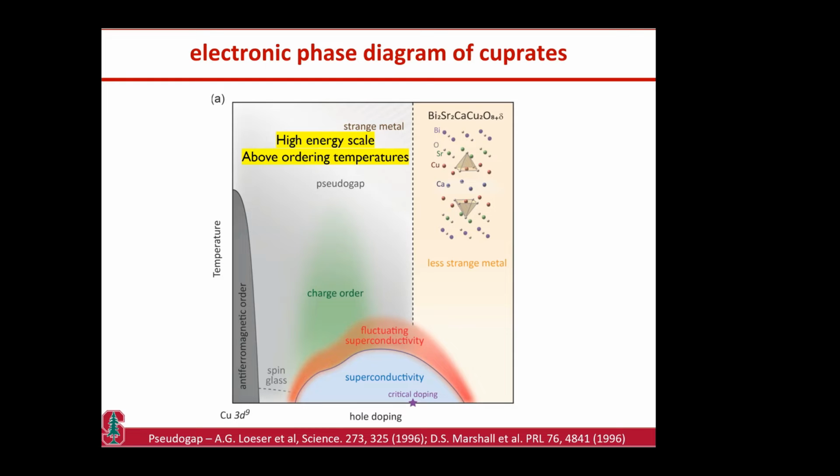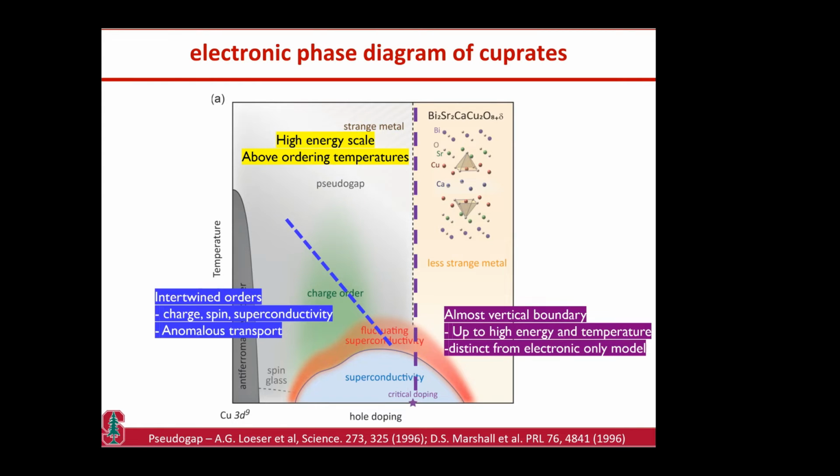There are phenomena that happen at a very high energy, and I'll talk about that. Then, depending on which quantity you're plotting, you could have different slopes, but it's all bounded within this range.